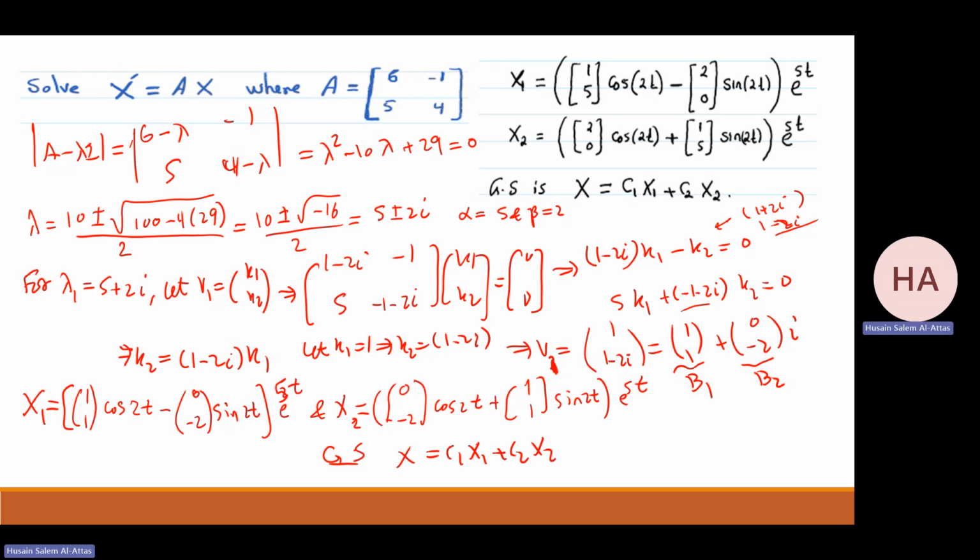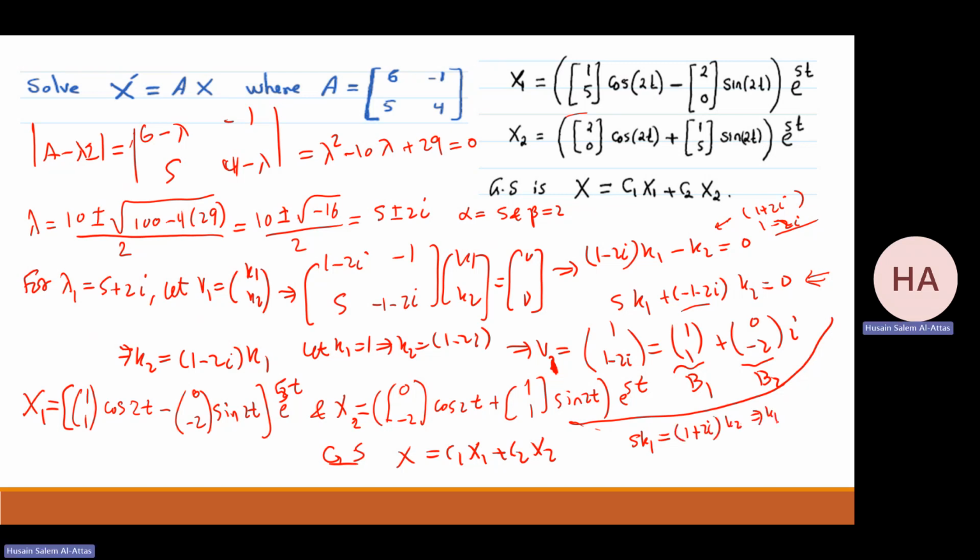Yeah, don't be bothered. He has a different way. I think he was using this equation. So that makes it a little bit complicated. No, not that complicated. If you look at this, you have what? Just to be sure that what we did is correct. 5k1 is 1 plus 2i k2.